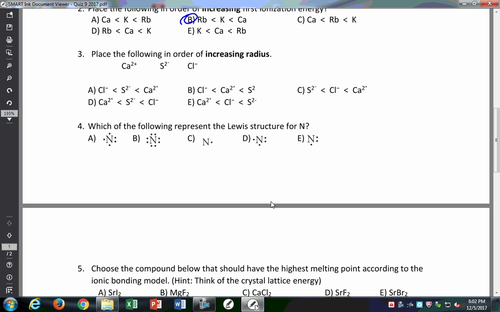So now we have 12 positive charges in the nucleus, but now we only have 1, 2, 3, 4, 5, 6, 7, 8, 9, 10 total negative charge. So that means we have more positive charge in the nucleus than negative charge, so all of our electrons are getting more nuclear charge. What does positive charge do to negative charge? It attracts it. So when we form an ion, these electrons are going to be pulled even closer to the nucleus.